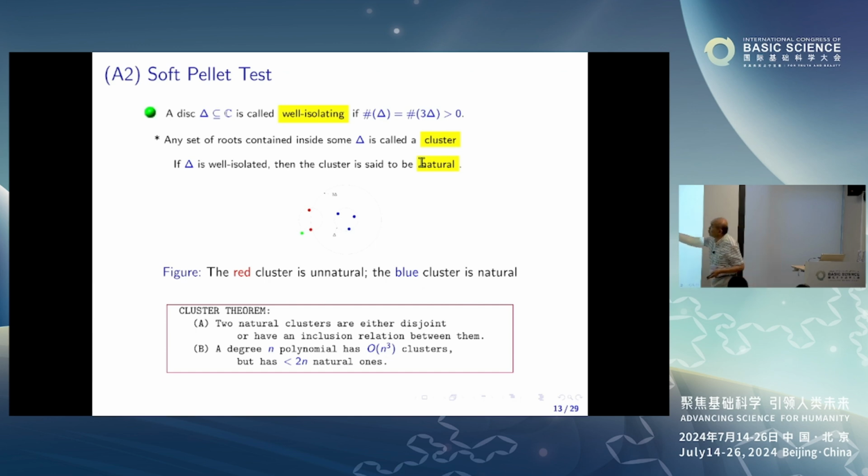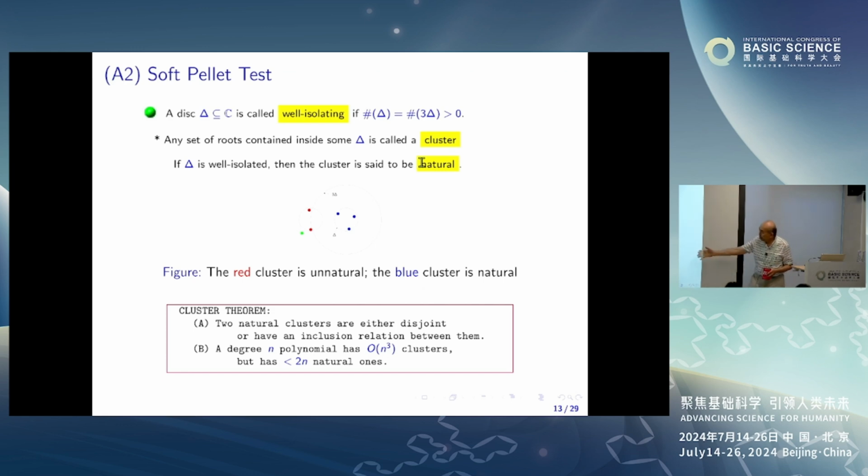So for instance, suppose you have these roots, red, blue, green. Well, the red roots form a cluster because there's a disk containing it, right? But it's not natural. Any disk containing those 2 roots, if you make it 3 times bigger, will include the green root, right? So it's an artificial cluster. But this blue cluster is natural. If you make it 3 times bigger, it will not contain any new roots, all right? And we like natural clusters.